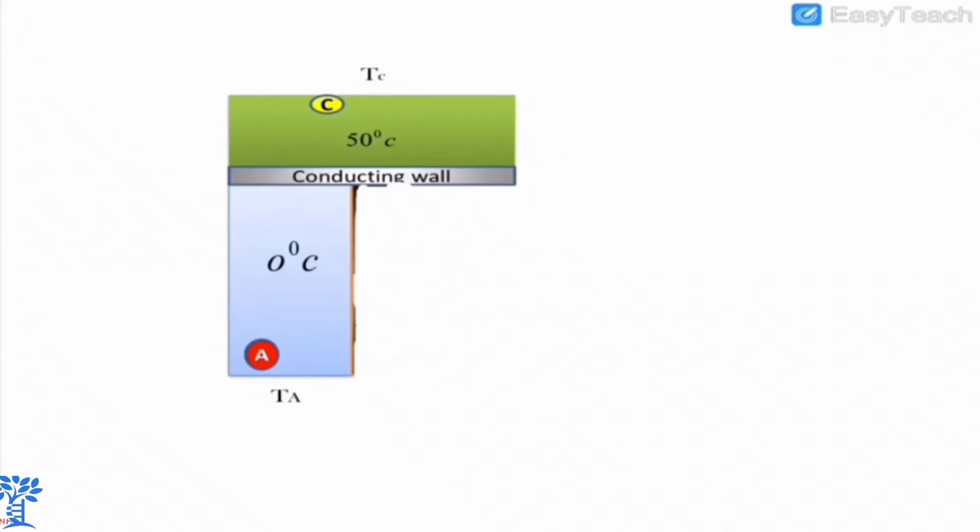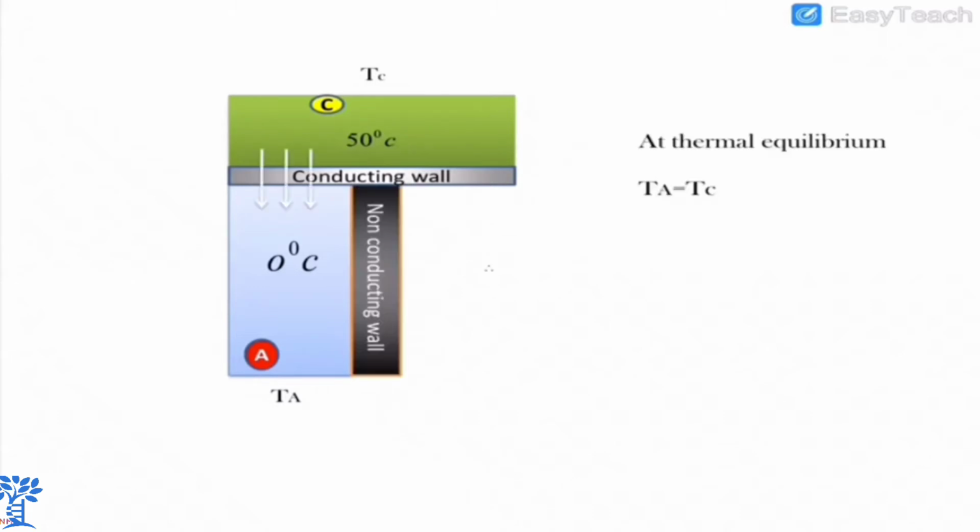We know that heat energy flows from higher temperature to lower temperature. Therefore, some amount of heat flows from C to A. The reason is that heat energy generally flows from higher temperature to lower temperature. After some time, A and C reach a state of thermal equilibrium.